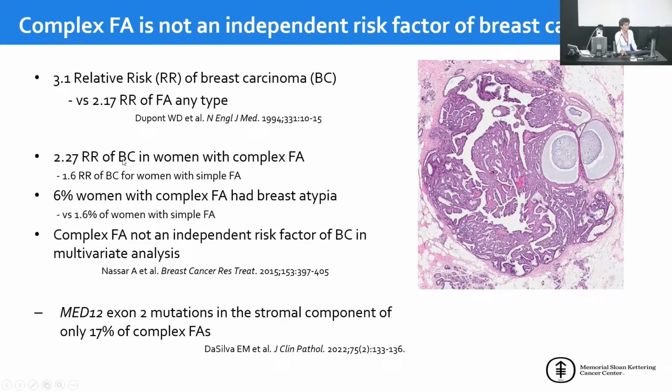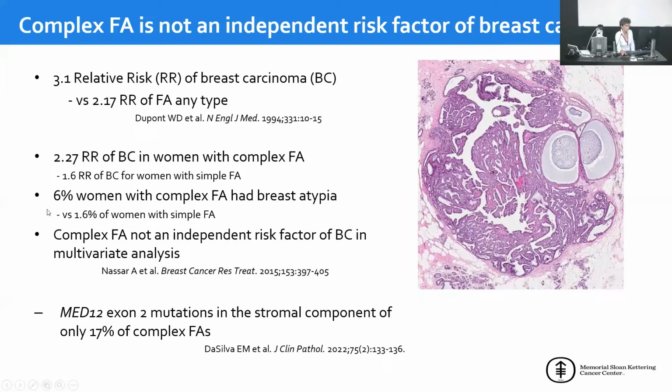In reality, it seems that it's really not a complex fibroadenoma per se that is associated with an increased risk. But maybe the women with complex fibroadenoma have a higher propensity to have epithelial atypia elsewhere in the breast.